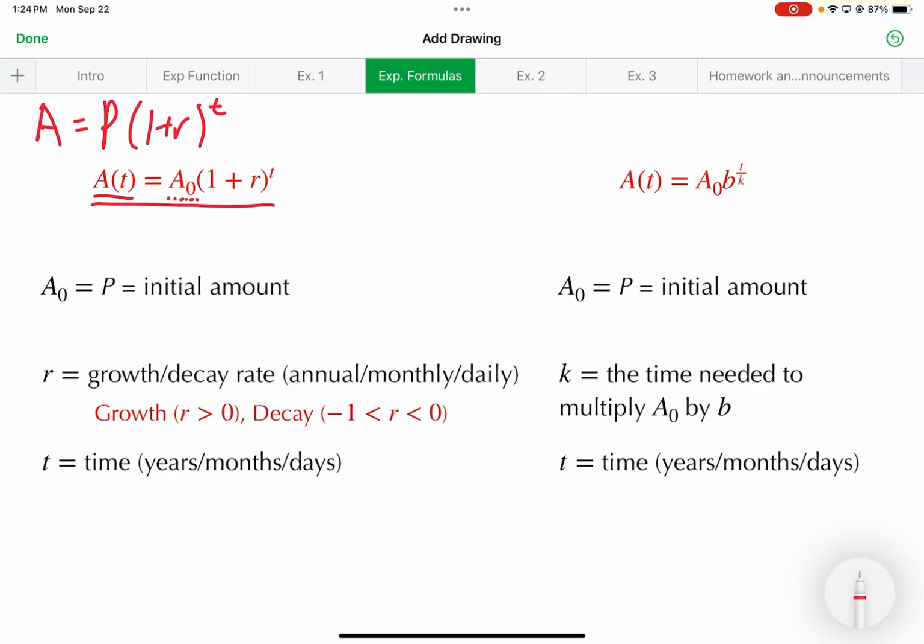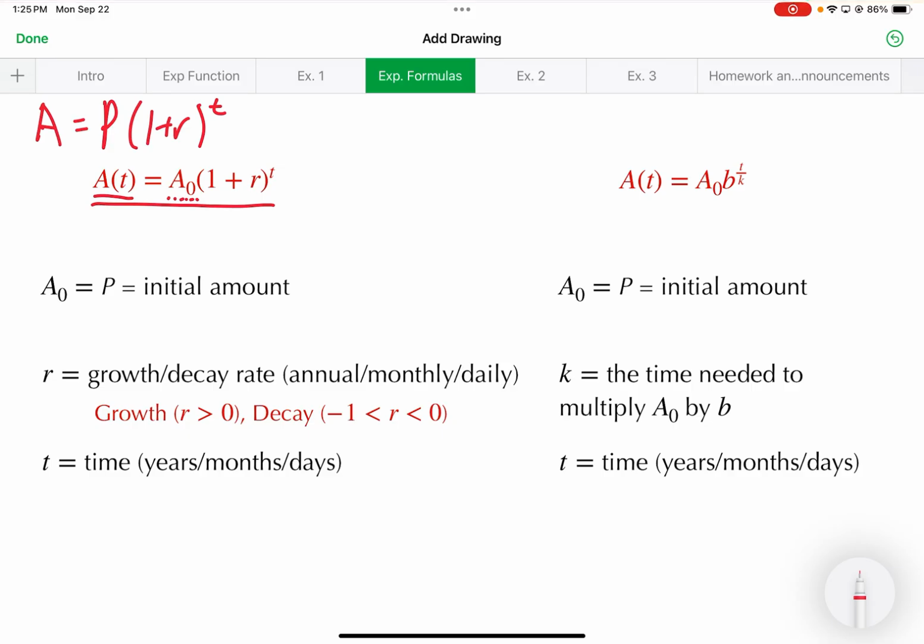We could be talking annually, monthly, or daily, it just depends upon the context of our problem, okay? It's growth if your r value is greater than 0. If your r value is between -1 and 0, we would say it is decay, all right? And then our value t is time in years, months, or days. It just depends on the context of the problem again.